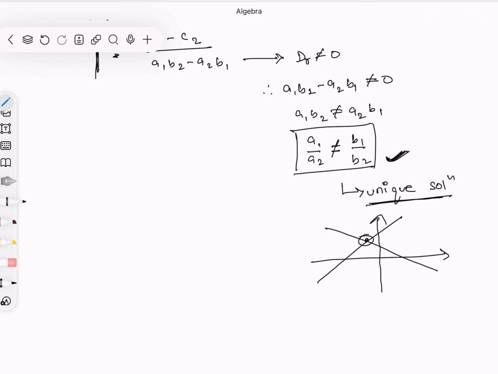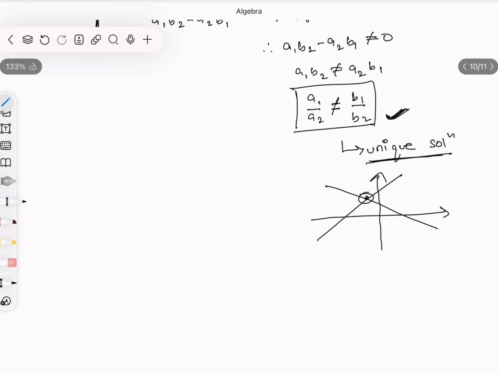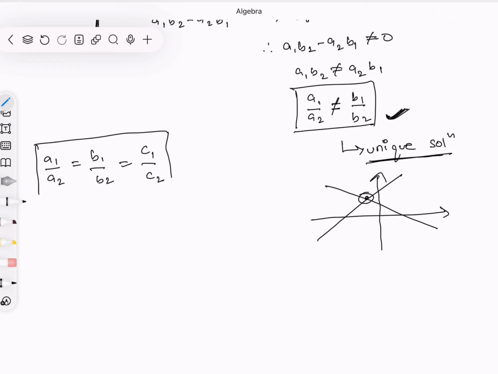Now, there is one more thing. Let's say you are given two equations, and if a1 upon a2 equals b1 upon b2 equals c1 upon c2, this means all are in ratio. In that case, there will be infinite solutions. Why?